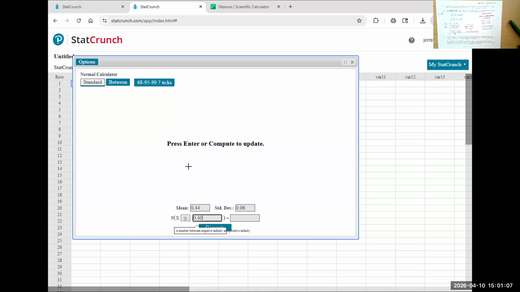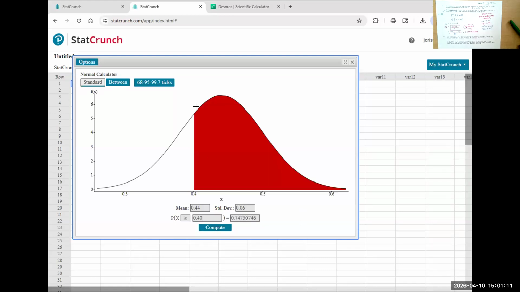Notice that's below the mean. So the start of our area is going to be to the left of the mean and over, computing here, right? So there's our mean, 0.44, in the middle. Now we're taking this full probability, so we're getting a big portion of that area. So that's why you get a large probability there.